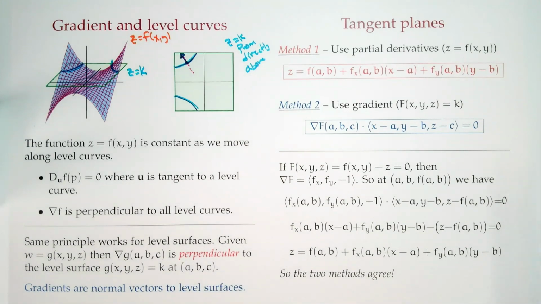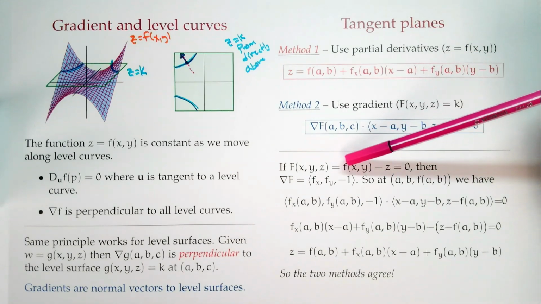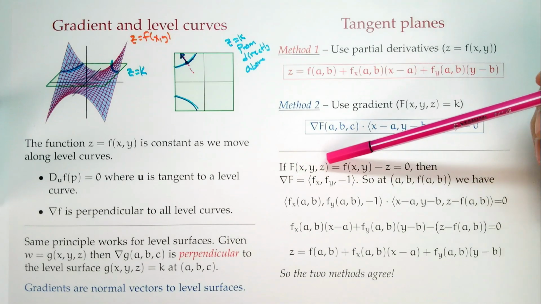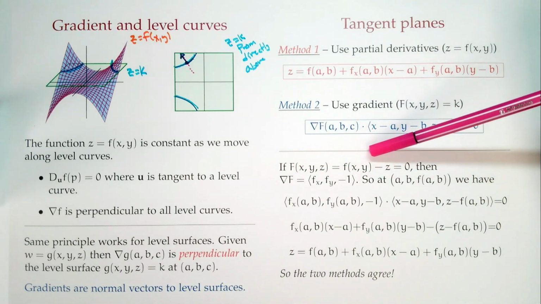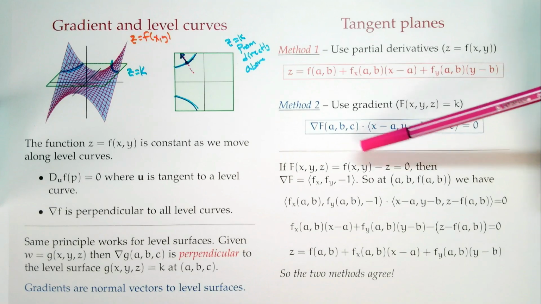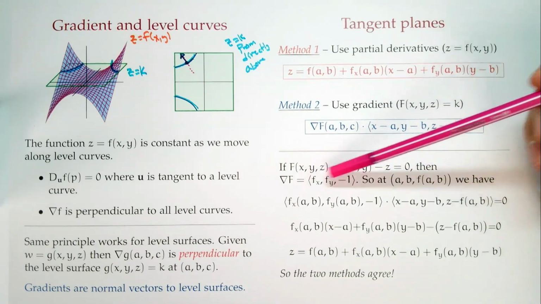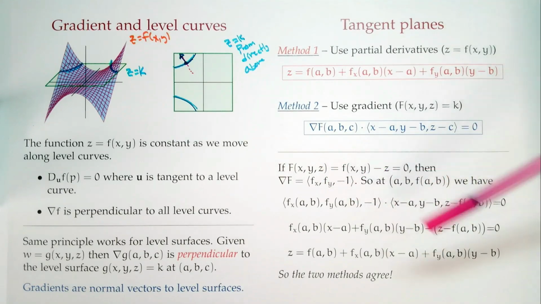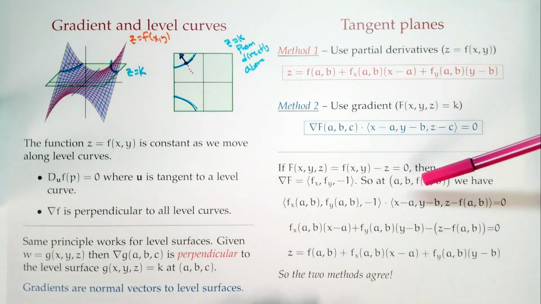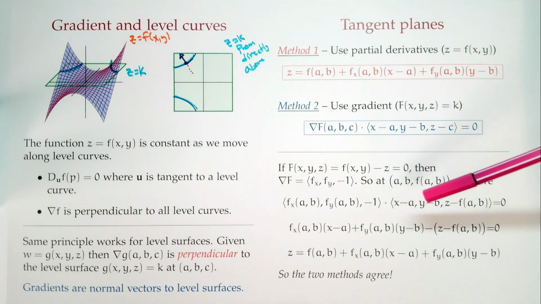So if you compare method 2 versus method 1, I can start with z equals f of x, y, and I can move the z across. So I can create a new function which has three variables, x, y, and z. That's f of x, y minus z. Now I take the gradient. It would be f sub x, f sub y, minus 1. And the point is a, b, f of a, b.